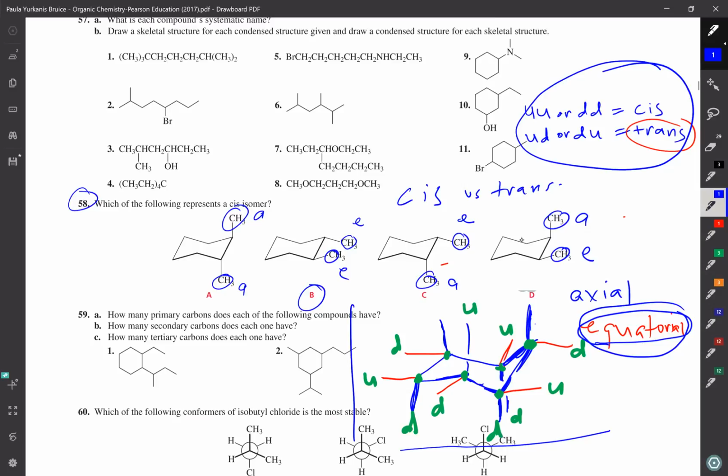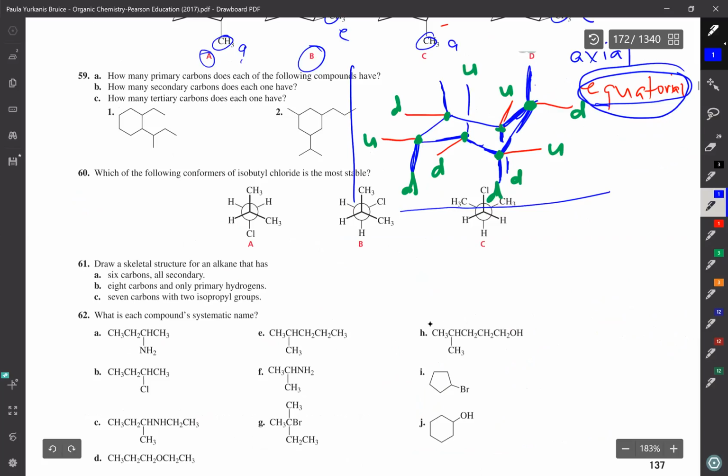The least stable molecule will be A, because both substituents are axial. Now, the stability of C and D would be the same, because in each, one substituent is axial and one is equatorial. Does that make sense, guys?